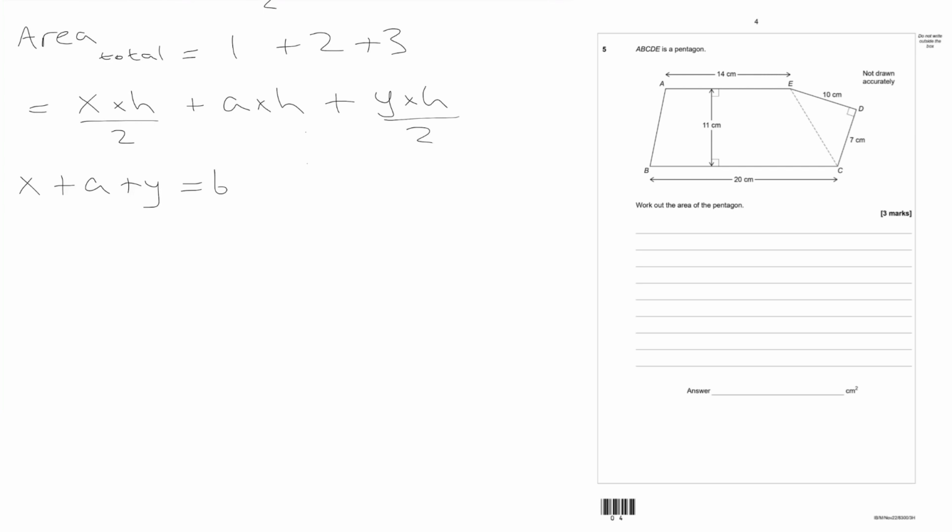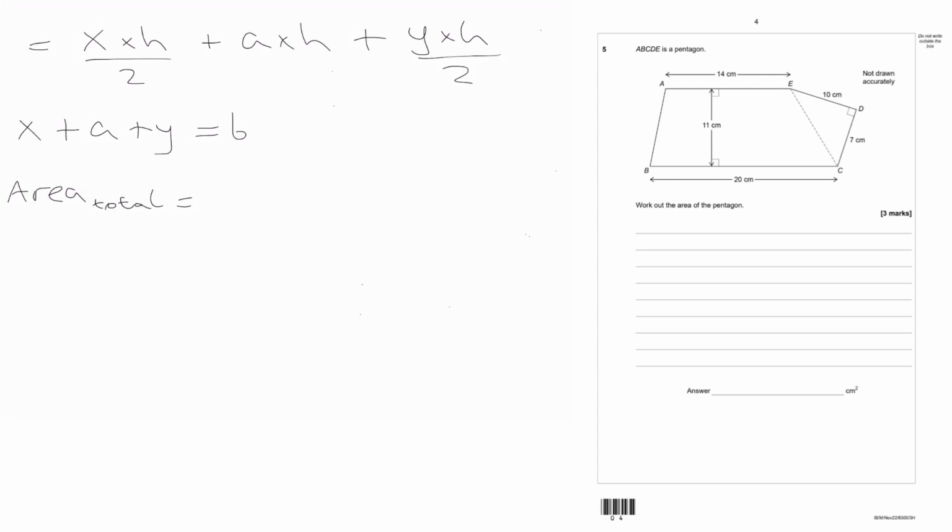So now that we have this, we can factorize the above expression. So this area total is equal to, and in fact, let me just make a note of that in case that's not clear. So area total. So what we can do here is take out a factor of H over 2, and now we have an X plus 2A.